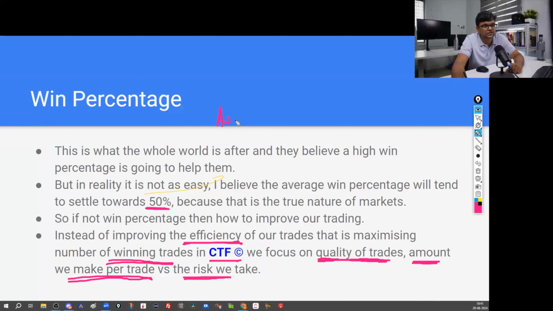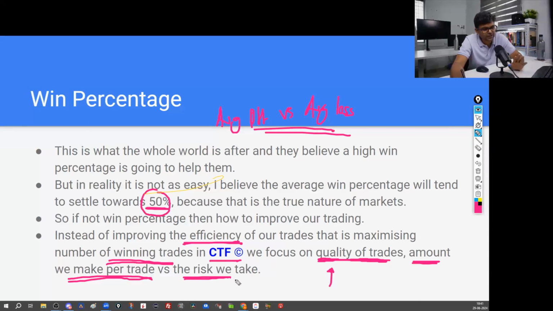In other words, average profit versus average losses. Makes sense? Average profit versus average losses. This is what we are going to focus on. If you improve this number, you are improving the quality. If you are improving the number of winning trades, you are improving efficiency in your trading.